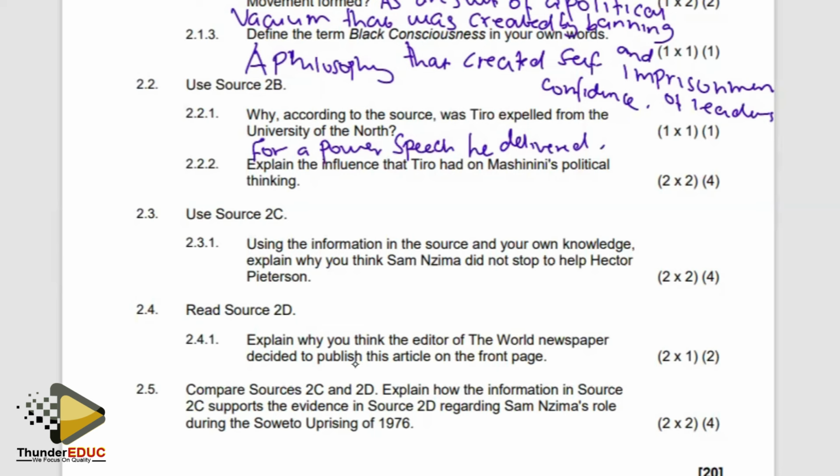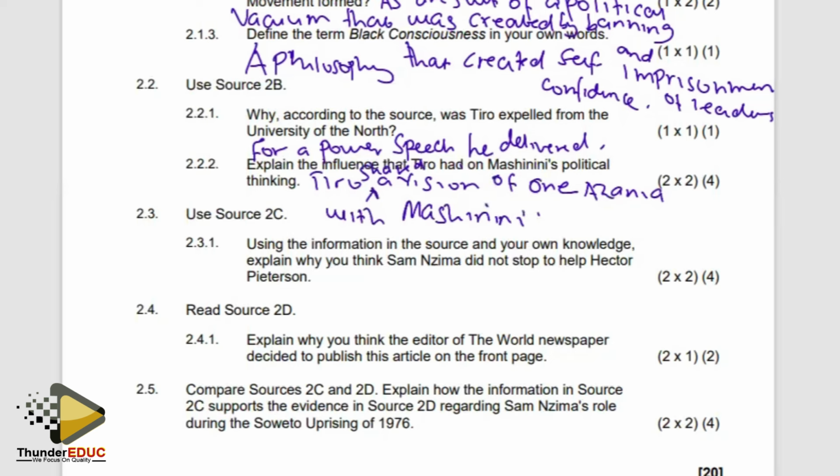Okay, another one you can say, Tiro shared a vision of one Azania with Mashinini.